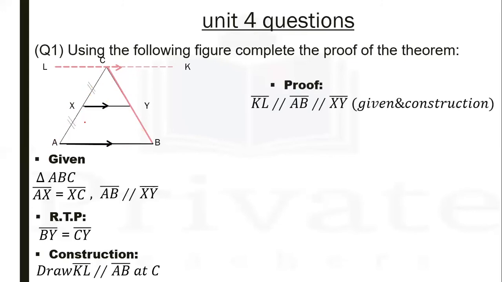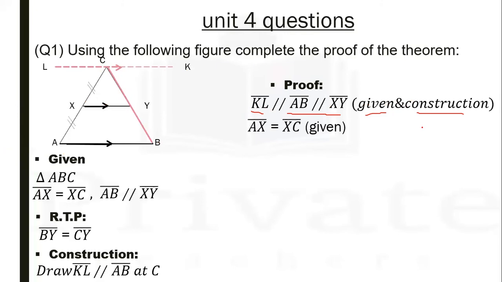For the proof, KL is parallel to AB is parallel to XY. AB and XY are parallel because they are given, and KL is parallel to them because of the construction. Construction is the thing that you made, but given is the thing that you are given.